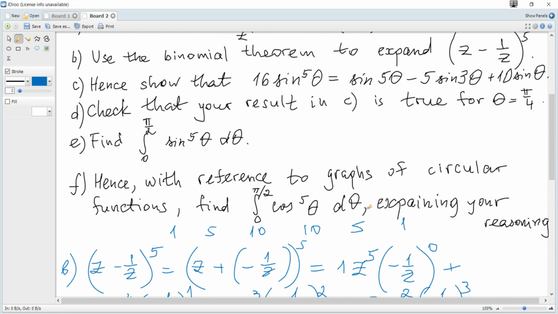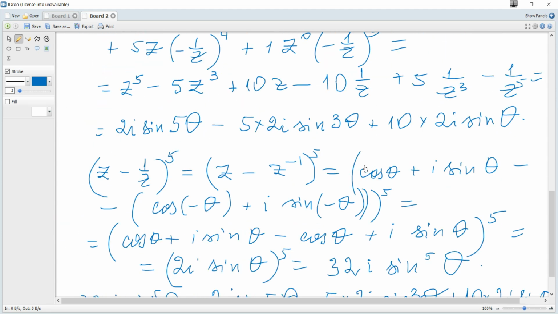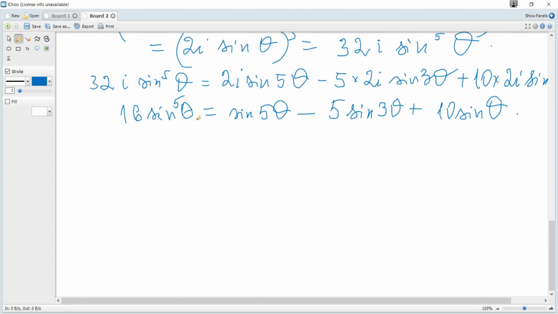The next, check that your result in C is true for theta is pi over 4. So let's consider this.